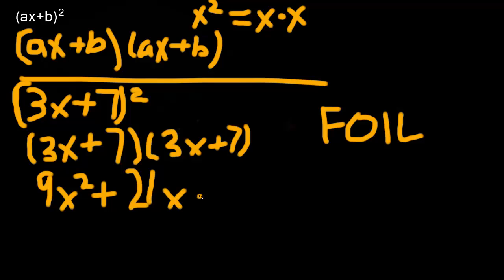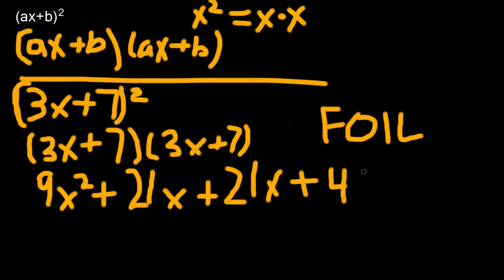And then we got our 21x, and then in this case, when we have ax plus b squared, these middle two terms will always be the same. I guarantee it. I'll bet you $50 that those are always the same. Anyone want to take me up on that? Please see me. I'd be happy to.